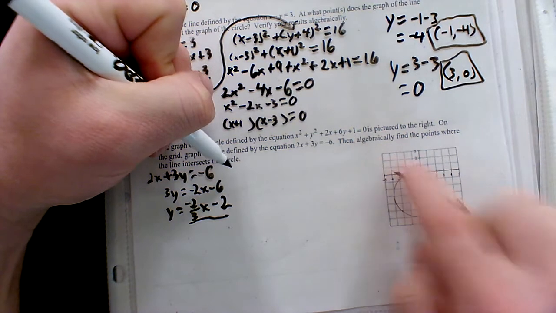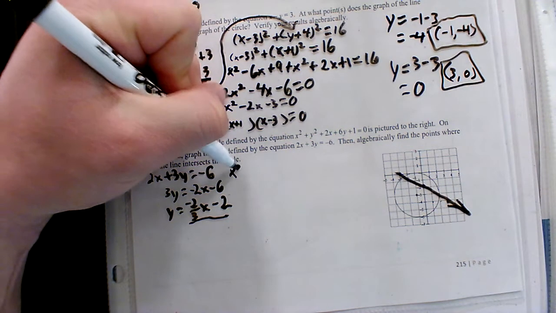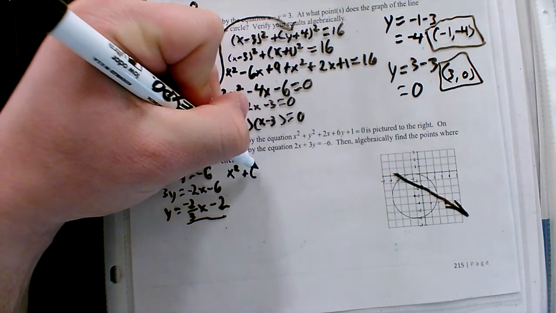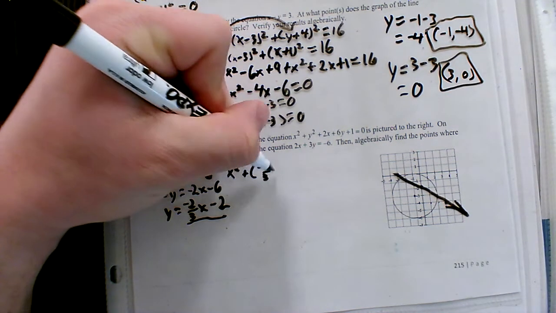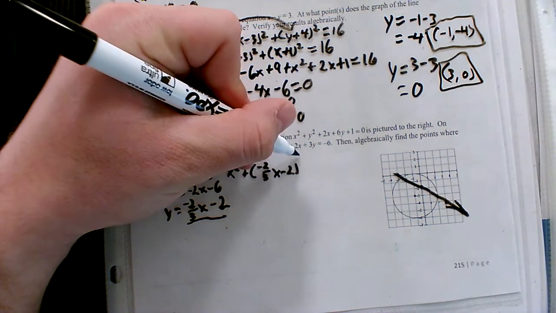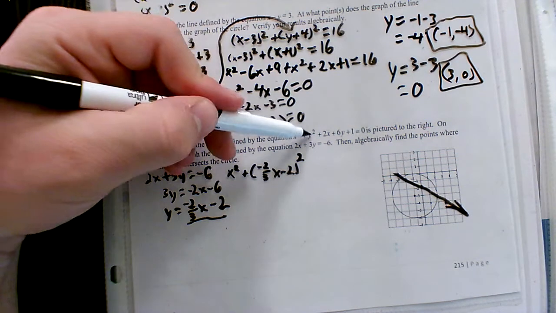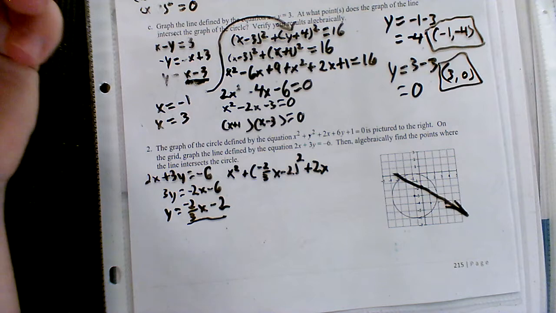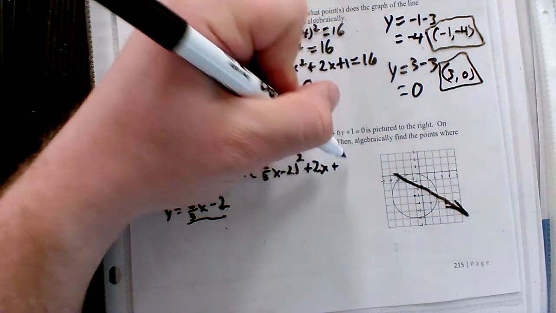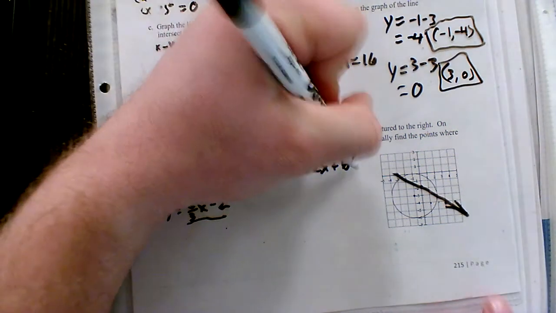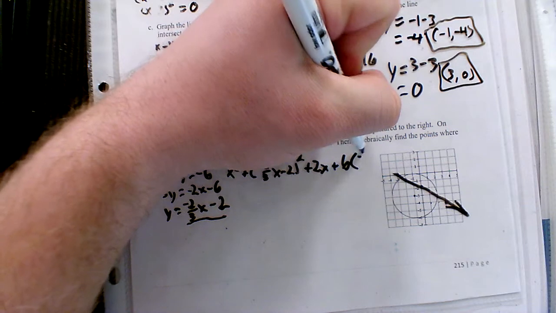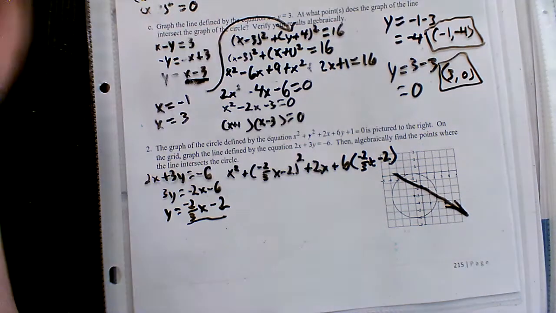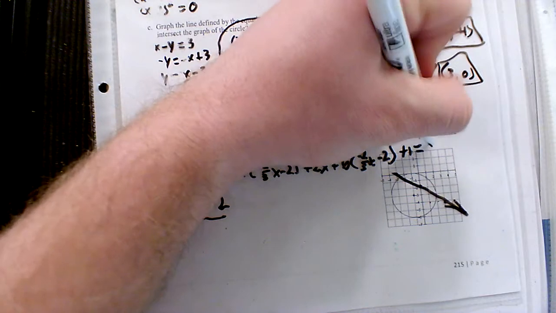I think with this marker I'm probably going to run out of room writing it, but we have, let's start with x squared plus, and instead of y squared I have to plug in -2/3 x minus 2 squared, plugging that in for the y, plus 2x plus 6, well I need y again, so that's -2/3 x minus 2 plus 1 equals 0.